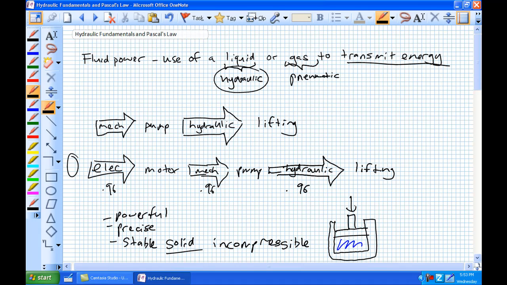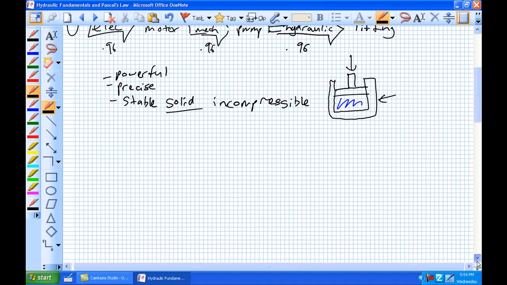So basically, I've gone into a stable hold position, and as long as there are no exit paths from this vessel, I could hold up whatever I want to. It's really neat. A hydraulic system is capable of not only lifting a great weight, doing it very precisely, it can also hold great weights.